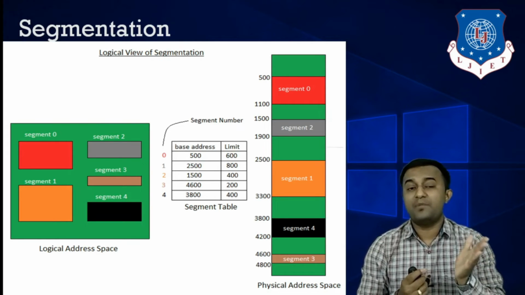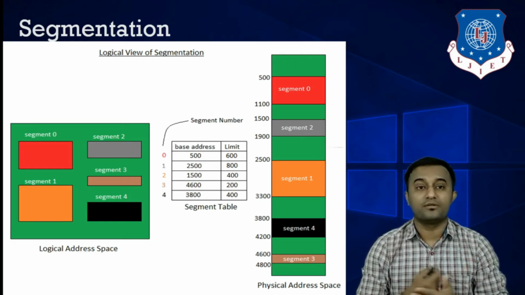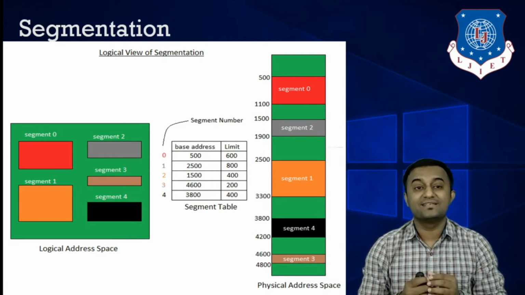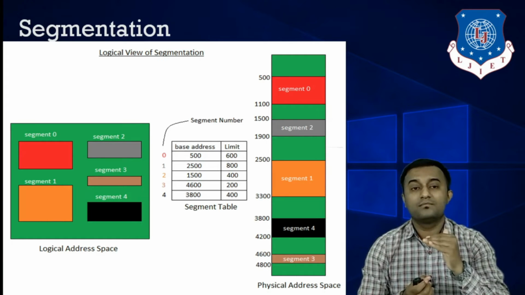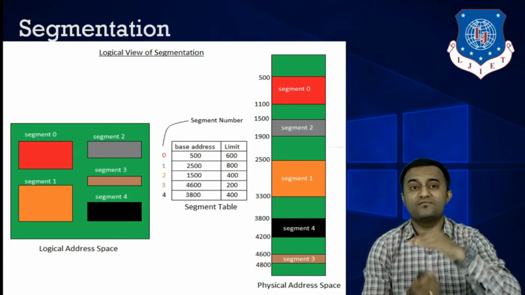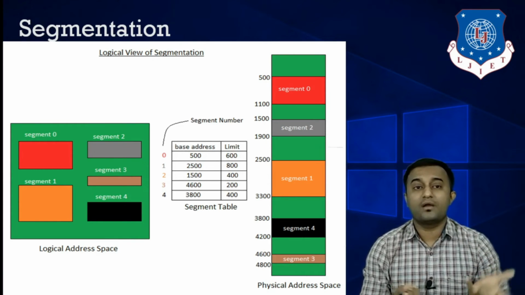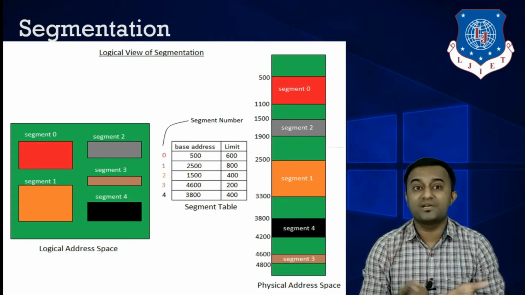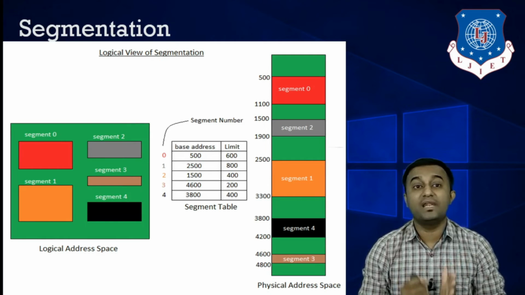And if that page is not available at that point of time, there are chances of a page fault. So partial execution of that code can be possible, and the remaining execution cannot be possible, or it can be a time-consuming process. That is the case when we are dealing with paging.